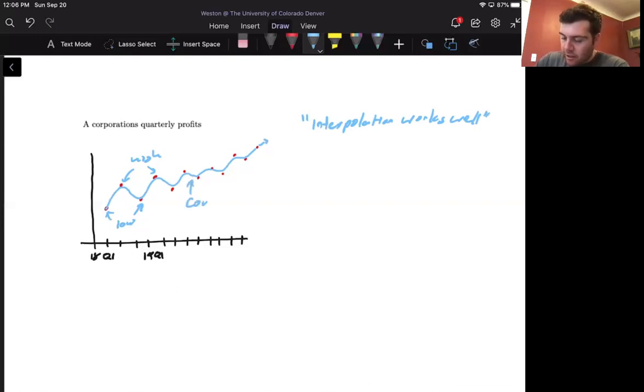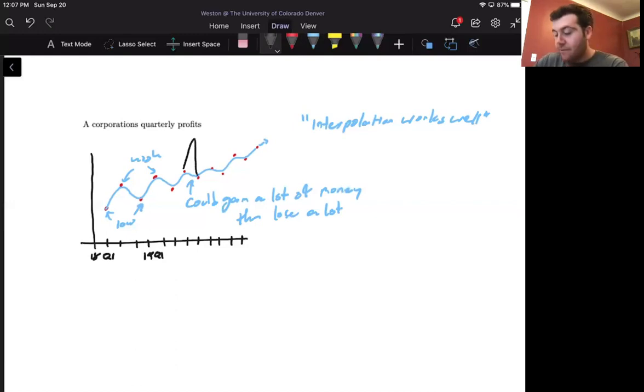We could gain a lot of money, then lose a lot. So maybe in reality, it had some giant spike like that. But we didn't know about it because we didn't have this data point. But when it comes to companies, we tend to think that this is pretty rare. So the interpolation of just connecting the dots works.